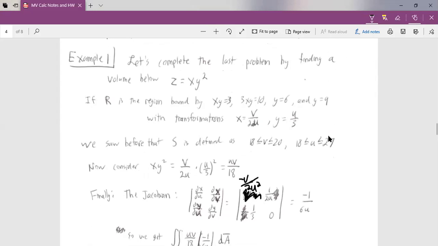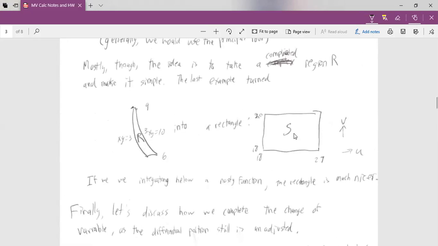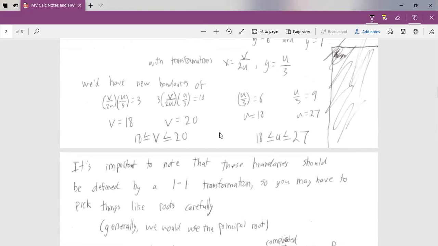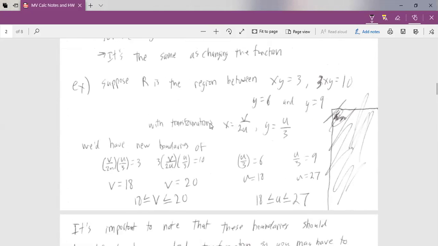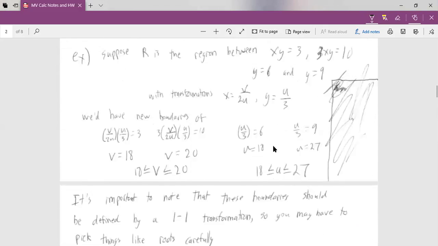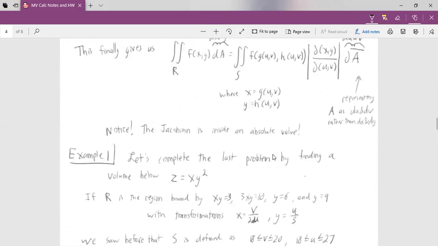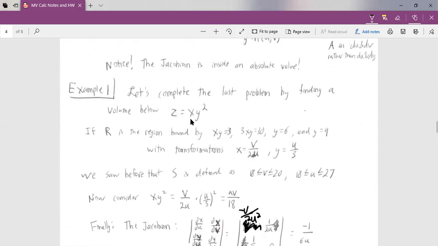All right, so let's take a look at example 1 here. Let's complete this problem where we found that we were working with this general information. Let's complete it by actually finding the integral beneath z equals xy squared.